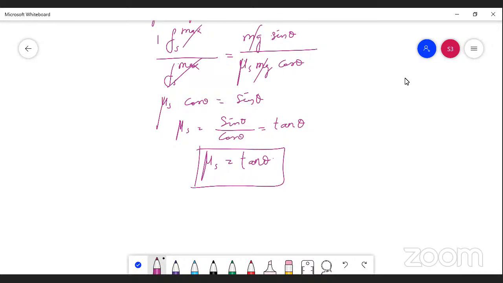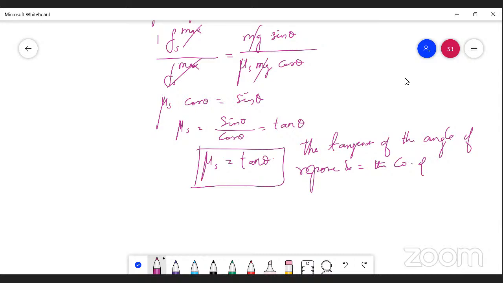Or otherwise, you can state it this way: the tangent of the angle of repose is equal to the coefficient of static friction.